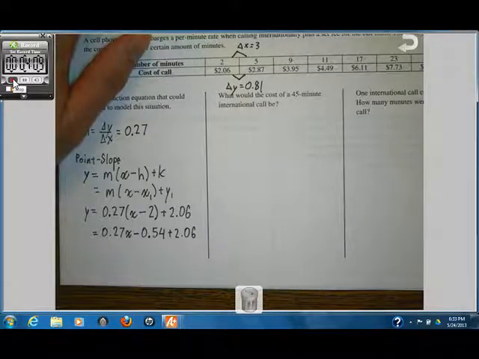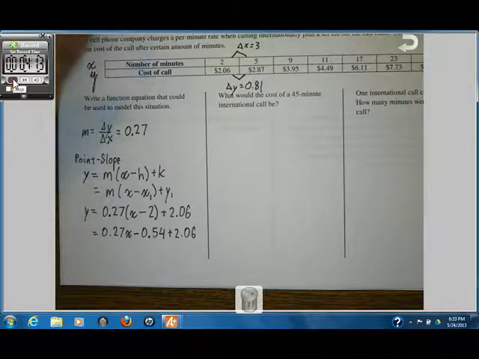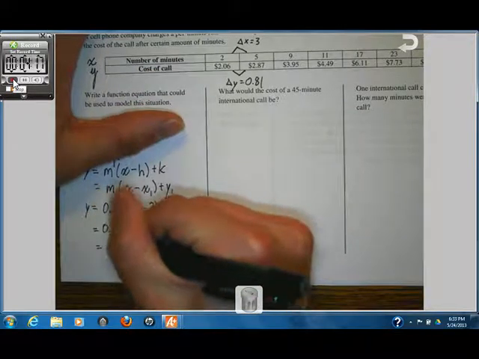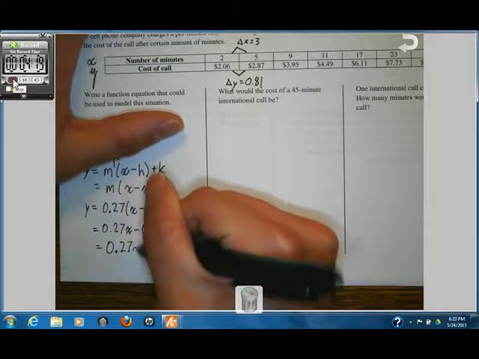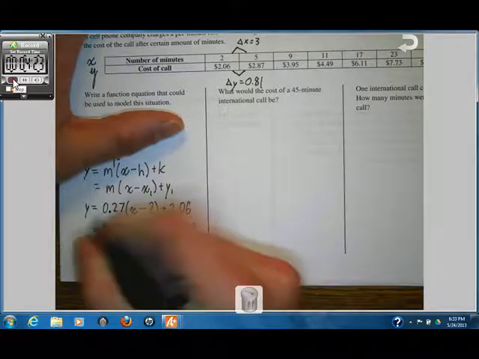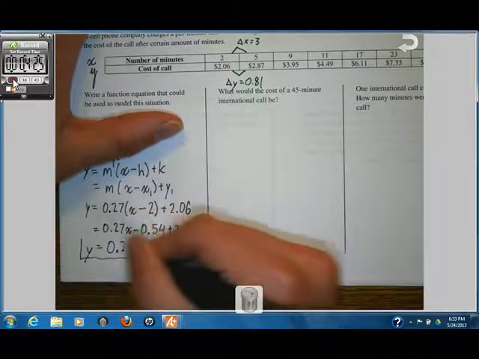So you have now that the function is 0.27x, that's your slope, plus 1.52, that's your starting constant, that's your y-intercept. And so here is your function in slope-intercept form.